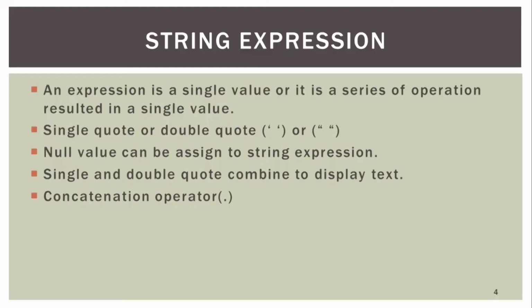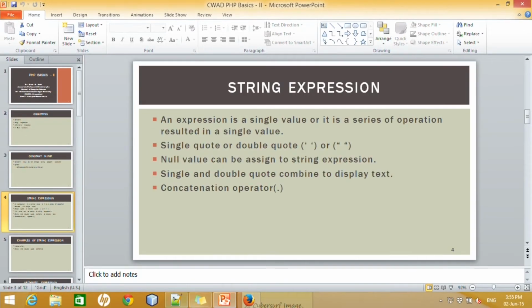So, an expression is always a single value. Single quote or double quote can be used to write string expressions. So, PHP is free, that means it is not rigid, you can use either single quote or double quote for string expression. Let us take one example.